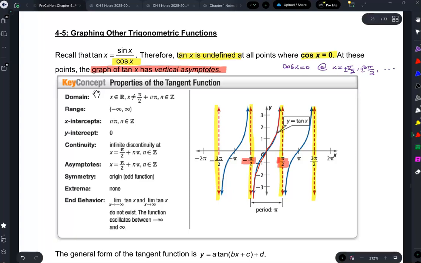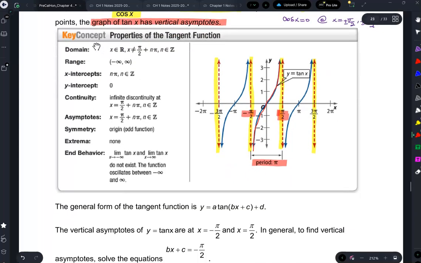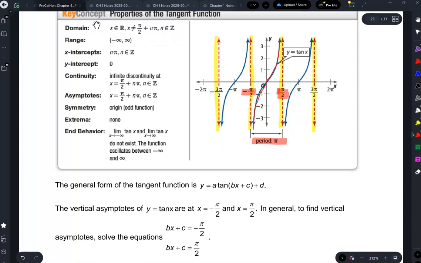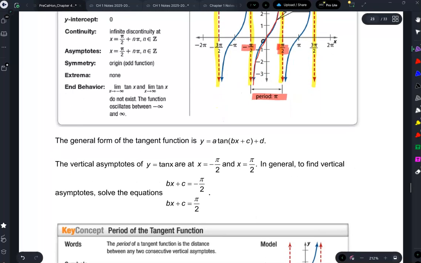Pi. So the period of the tangent function is pi, not 2 pi. That means everything is going to be based on pi, because cosine is 0 at pi over 2 and negative pi over 2, 3 pi over 2 and negative 3 pi over 2.